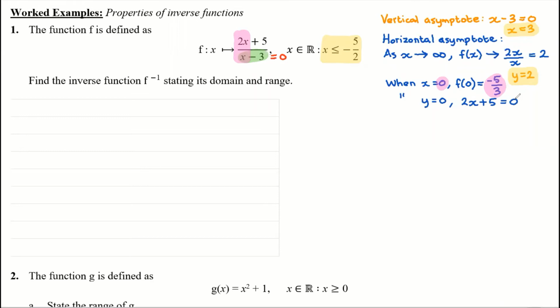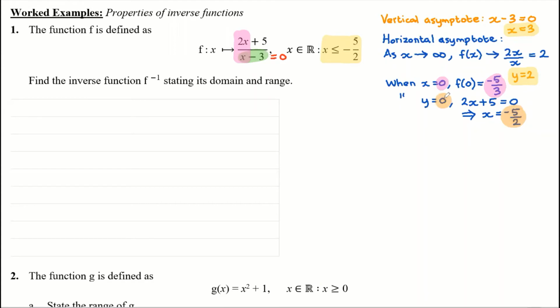Otherwise, the whole equation breaks down. Plus, when you cross multiply, the denominator just becomes nothing anyway. Hope that's clear. So that implies that x is going to be negative 5 over 2. So the x-intercept has coordinates negative 5 over 2 and 0.